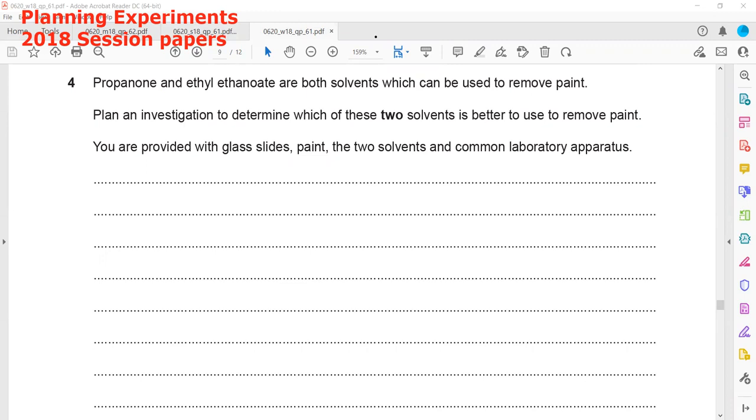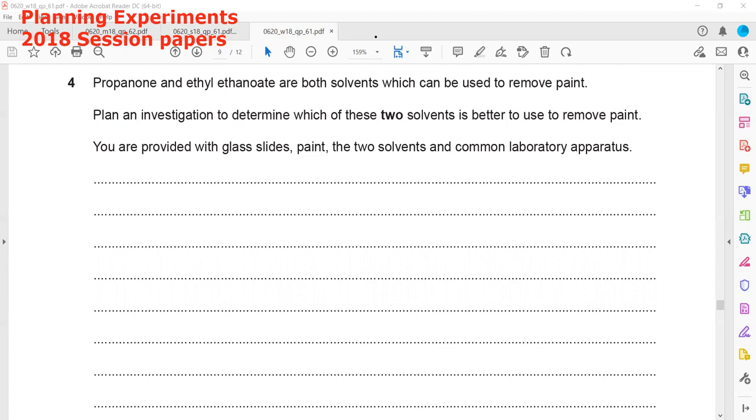So what we will do in this one, first we'll apply the paint, equal amount of thickness or coating of paint on the glass slide, and then we will add an equal amount of solvents and leave it for some time.